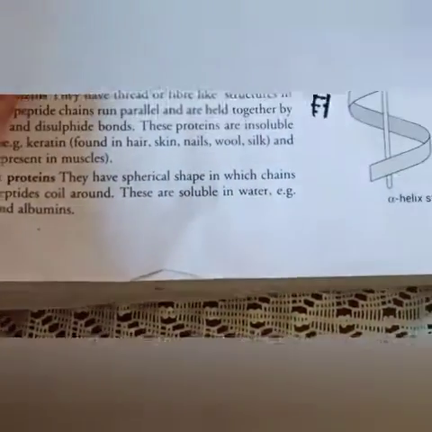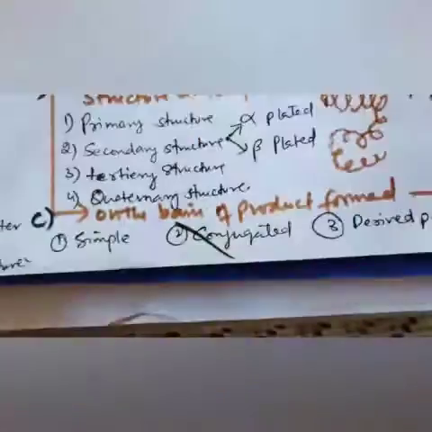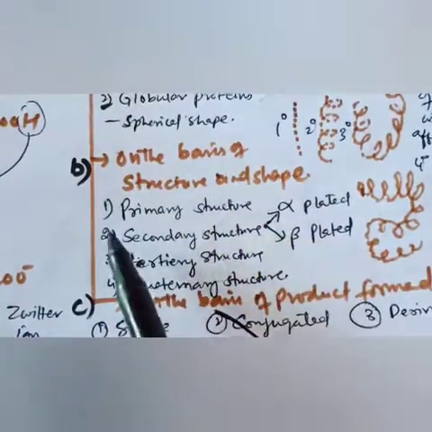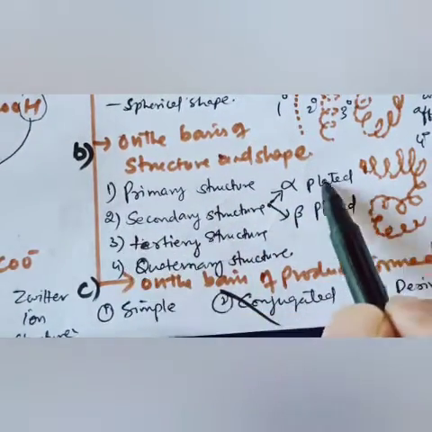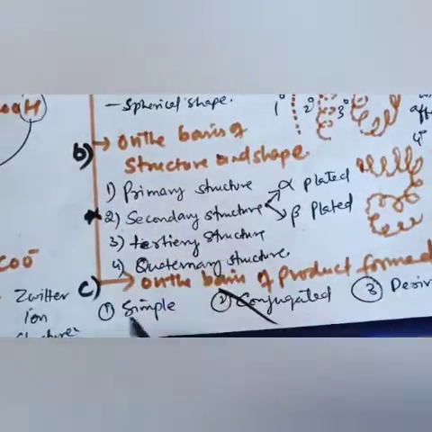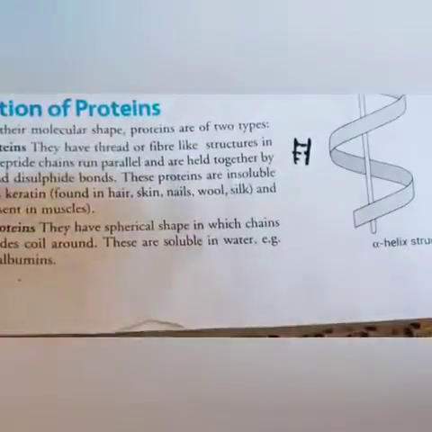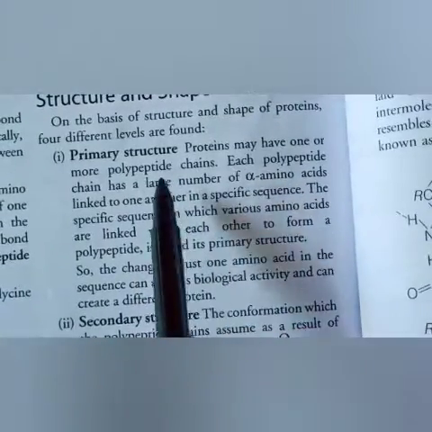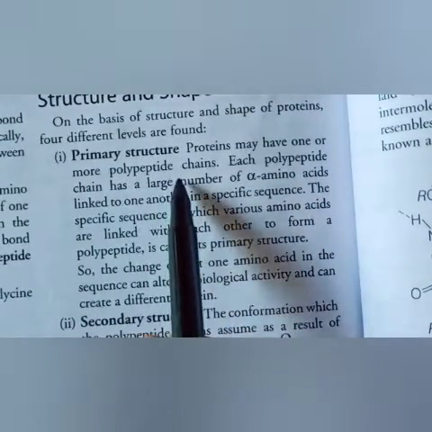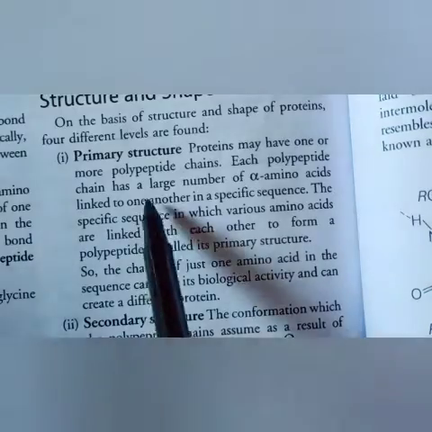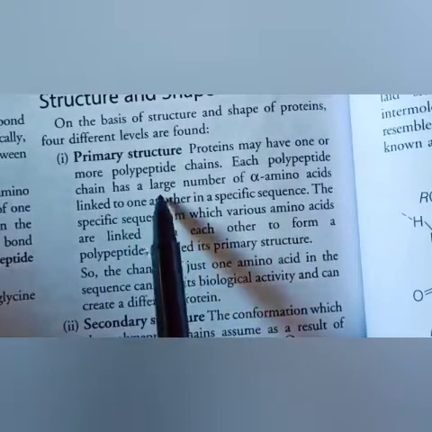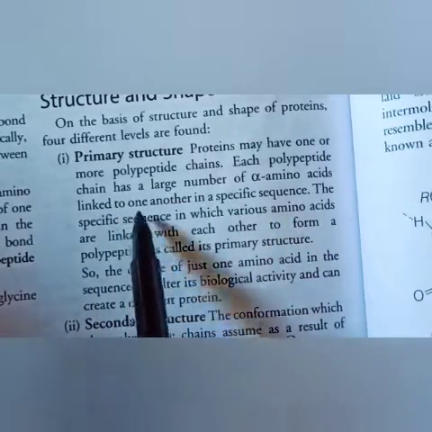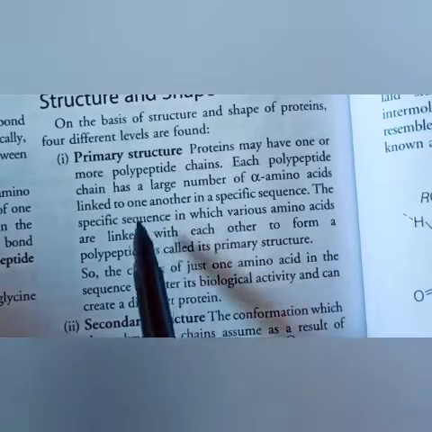The second type of classification is on the basis of structure and shape. There are primary structure, secondary structure, which has alpha and beta and is most important, tertiary and quaternary structure. If you talk about primary structure, a protein may have one or more polypeptide chains. Each polypeptide chain has a large number of alpha amino acids linked to one another in a specific sequence.